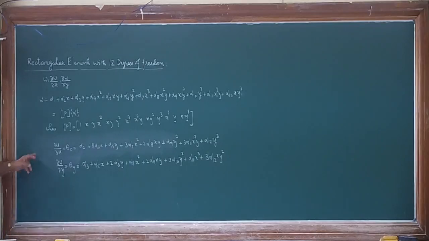The degrees of freedom are expressed in terms of the polynomial that has been taken. Out of that we are going to take these terms now. There are totally 12 terms.